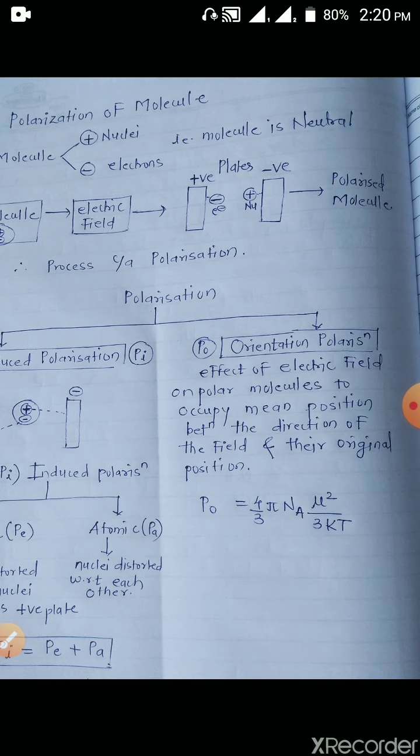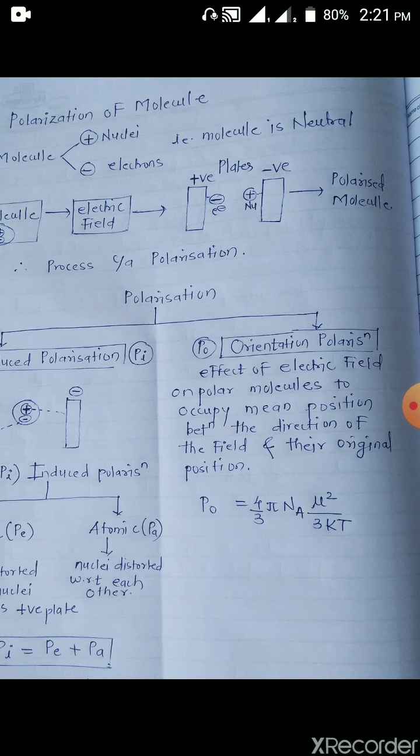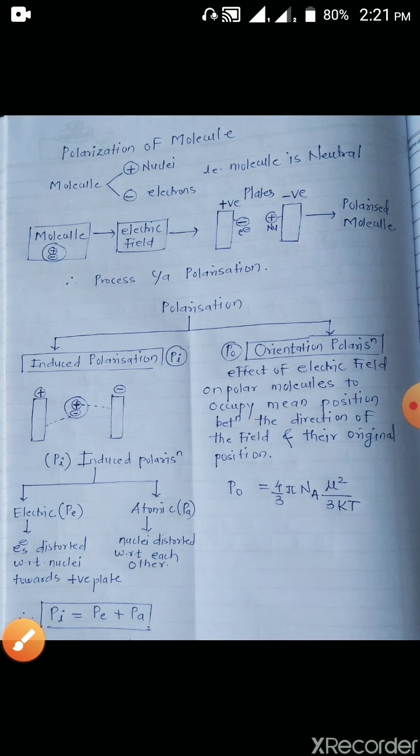It is definitely under the influence of the applied electric field, and the molecule is called polarized, and this whole process is called polarization. You can see here the diagrammatic representation.